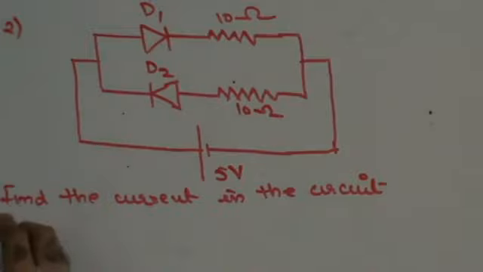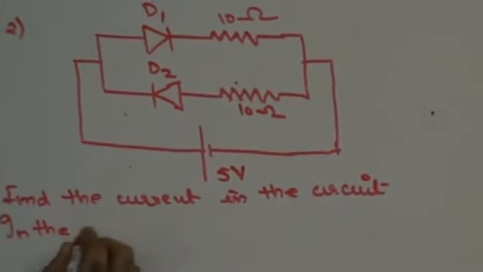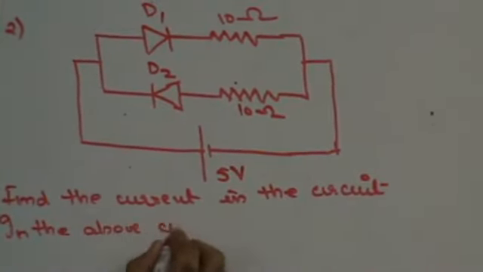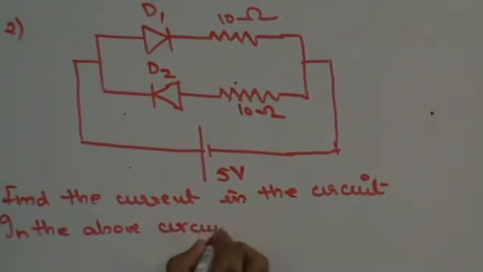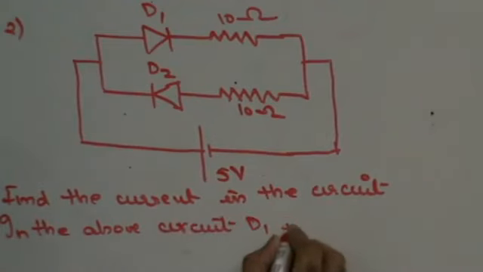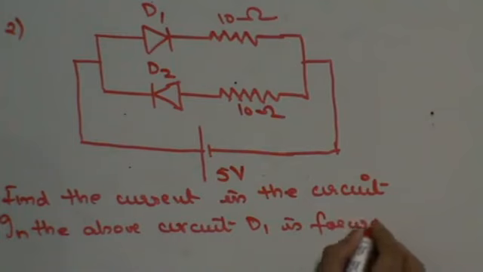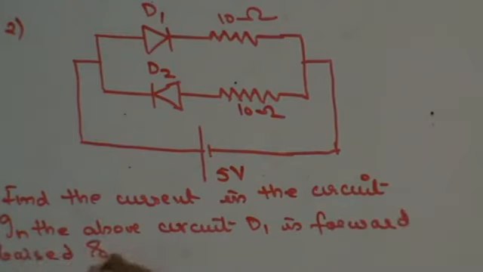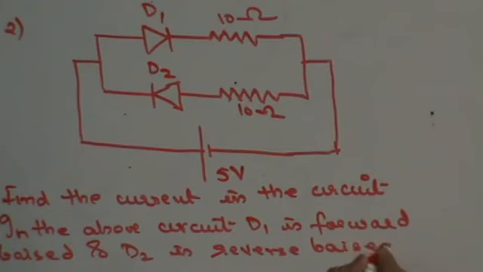I can say that in the above circuit, D1 is forward biased and D2 is reverse biased. Right?